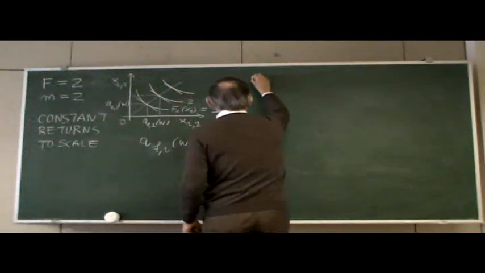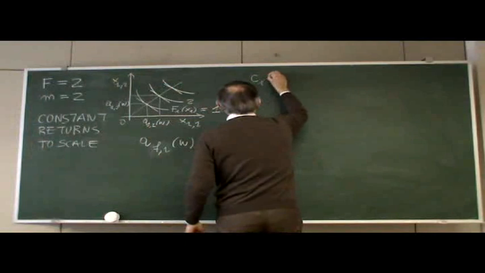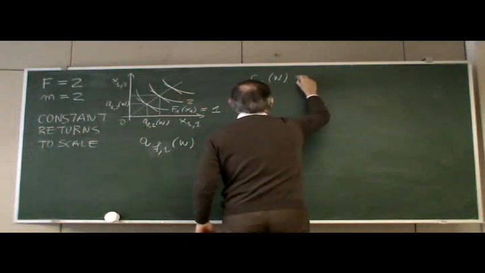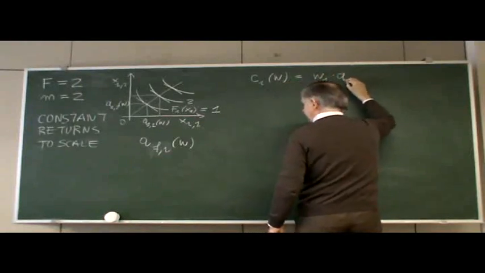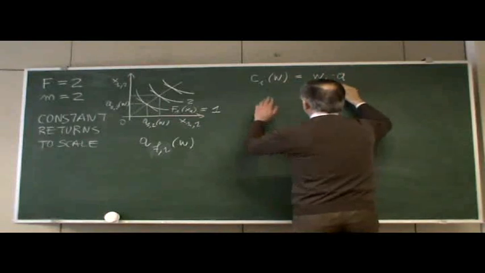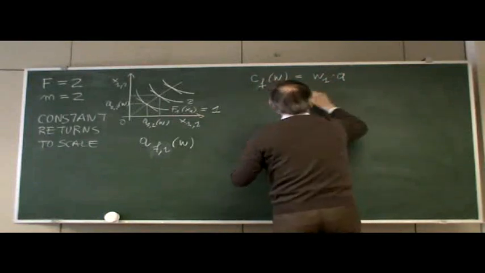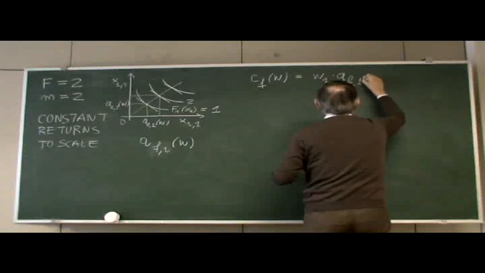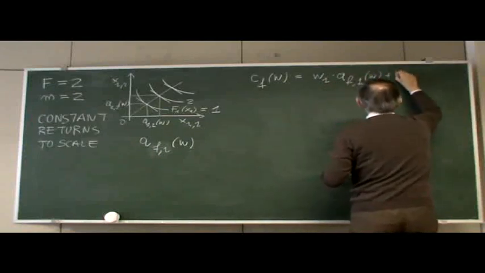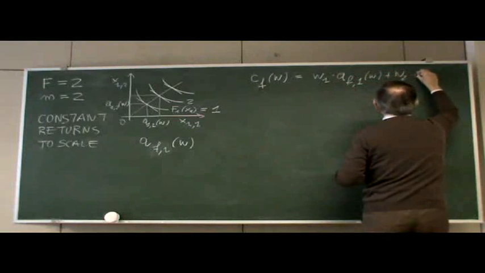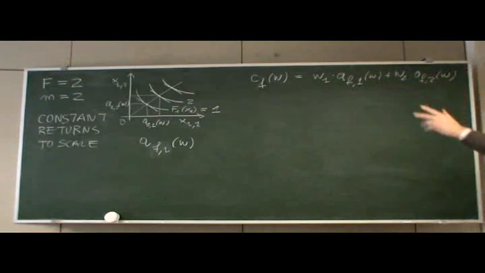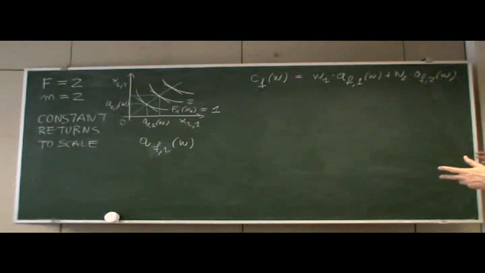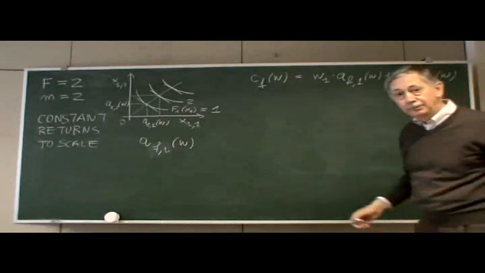We can compute at this point the unit cost of production, which is nothing but the total expenditure which is necessary in order to produce 1 unit of the F good, where F is equal to 1 or 2, when the factor price system is that.